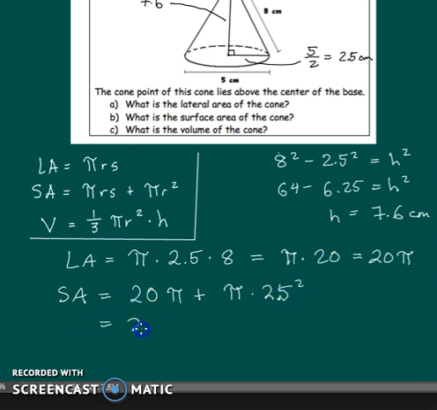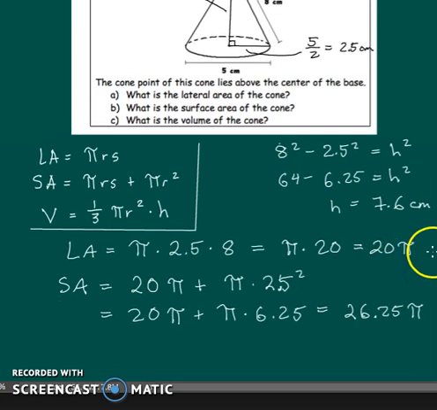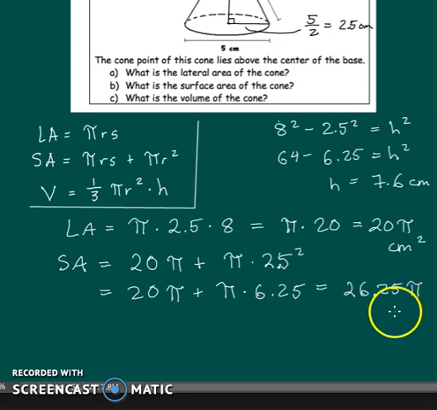And that gets us to 20 pi plus pi times 6.25, and you can add those together to get 26.25 pi. And that, of course, the lateral area is in centimeters squared, and the surface area is also in centimeters squared.